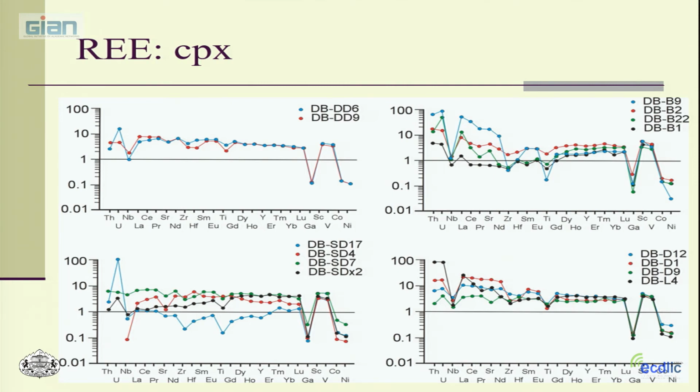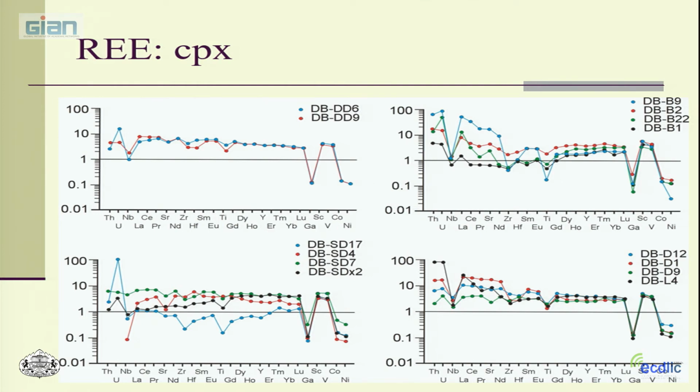Generally, a few of them are very depleted with respect to titanium, zirconium, and so on, but characteristically all of them to a great extent show a positive niobium anomaly. So these are based on the trace element characters.